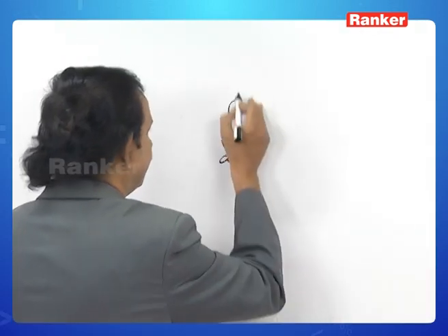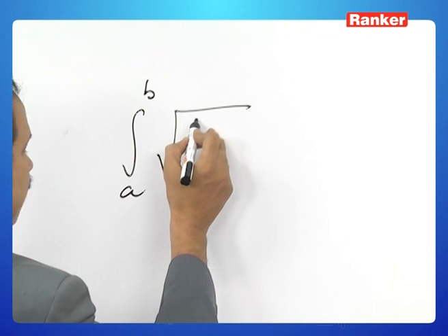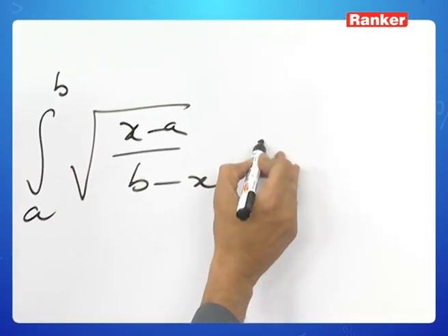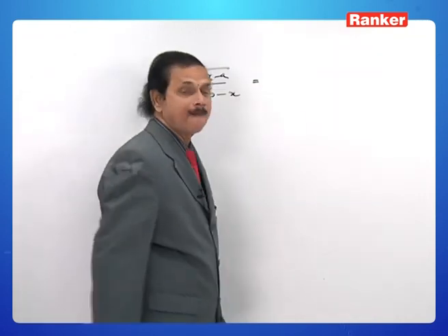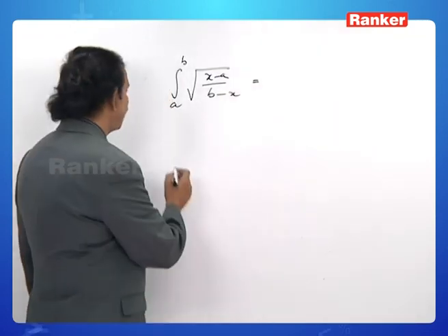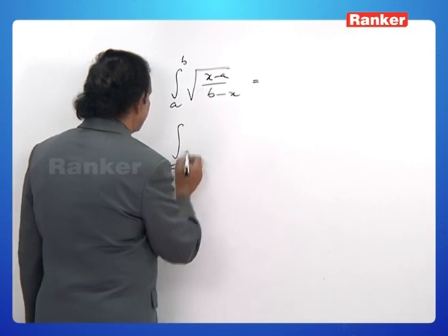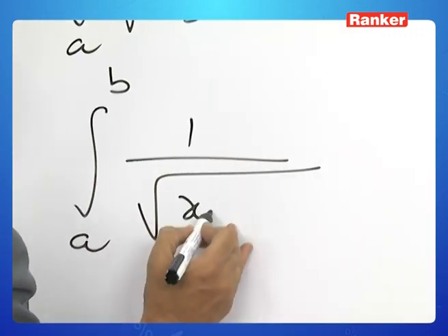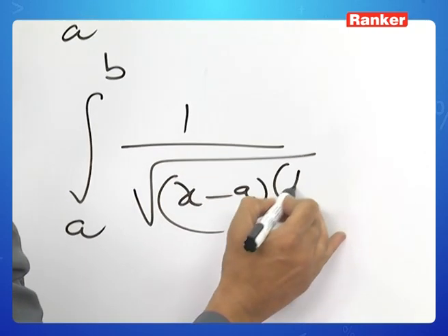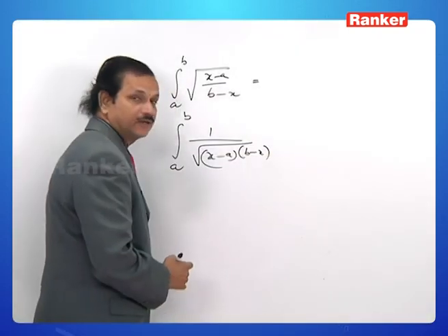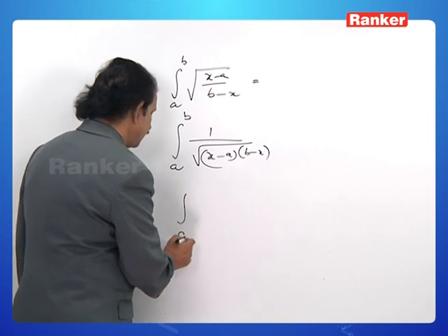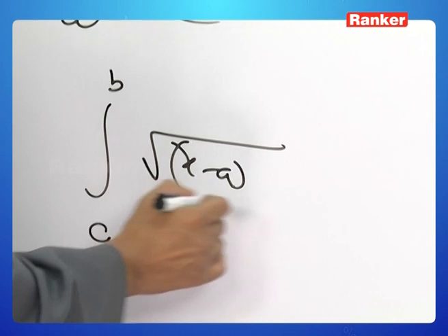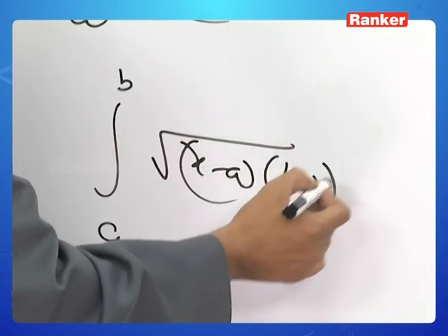Integral a to b square root of x minus a by b minus x. Integral a to b 1 by root of x minus a into b minus x. Integral a to b root of x minus a into b minus x dx.